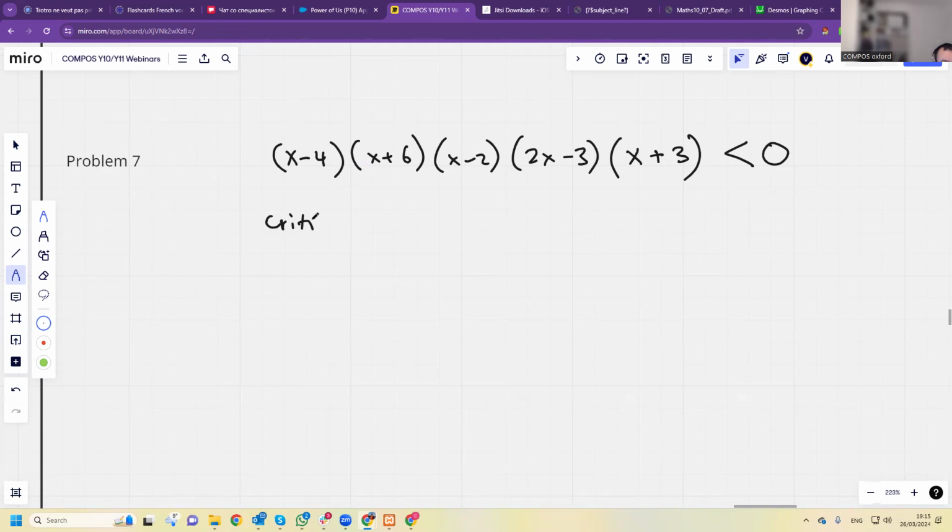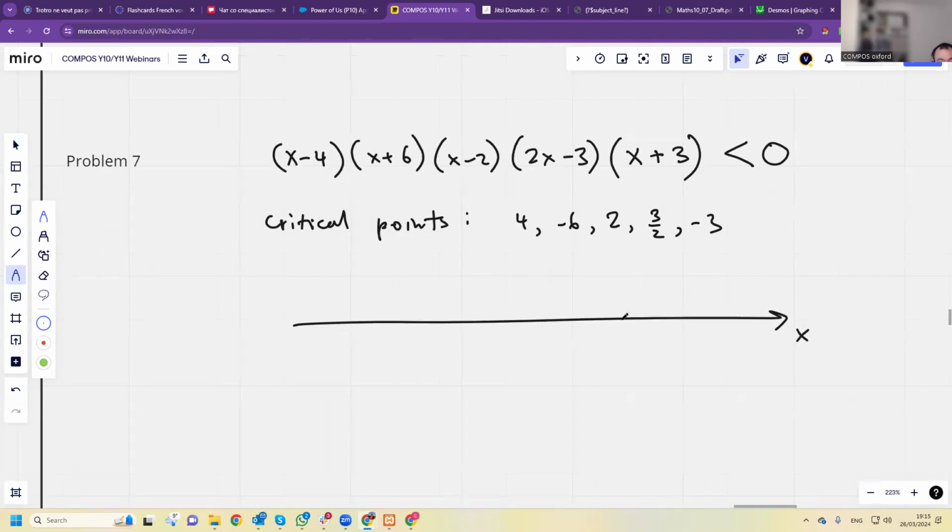They are 4, minus 6, 2, 3 over 2, and minus 3. We put the critical points on a number line. So it's minus 6, then minus 3, 1, 3 over 2, 2, 4.